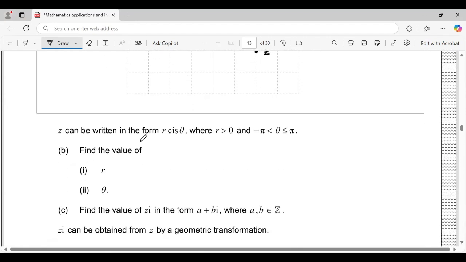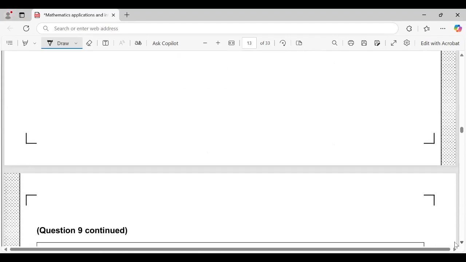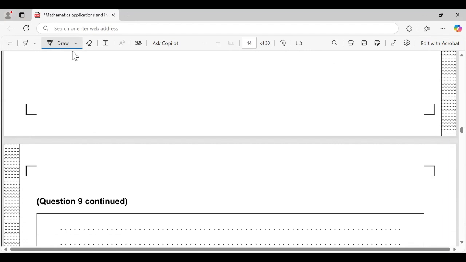Next question. Z can be written in the form R cis theta, where R is greater than 0 and theta is in the interval from minus pi to pi. Find the value of R and find the value of theta. Part 1: R equals the square root of 2 squared plus minus 3 squared, square root 13.